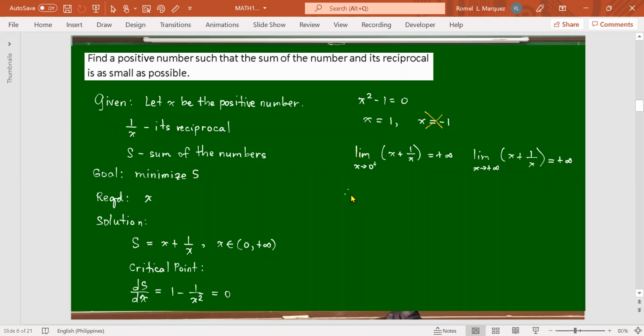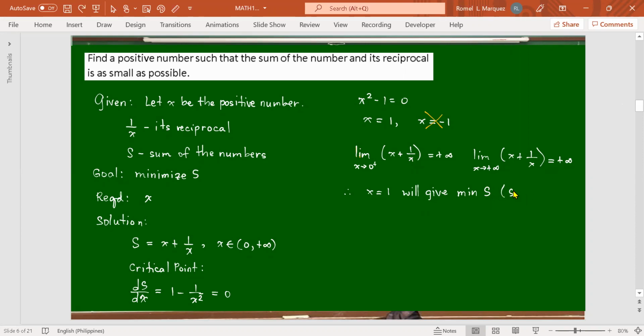So therefore, X equals 1 will give minimum S. Which is actually S what?